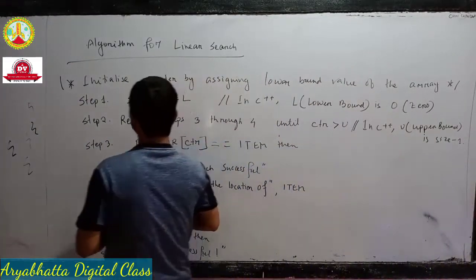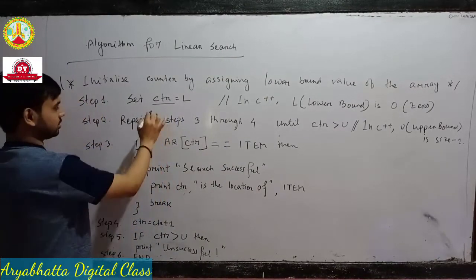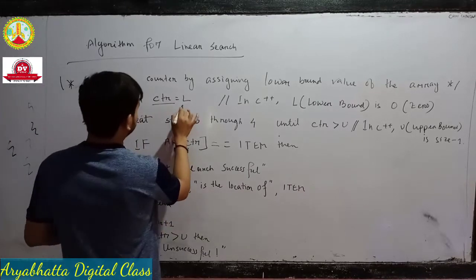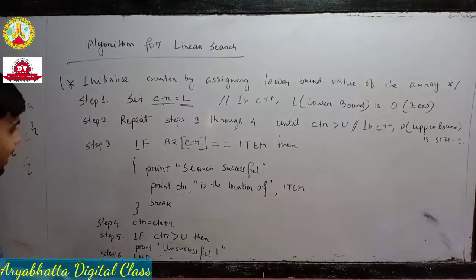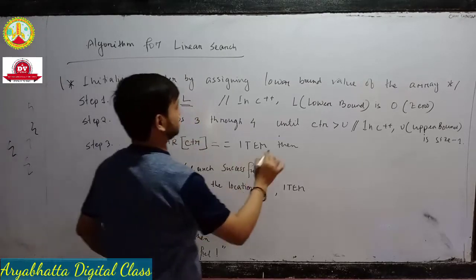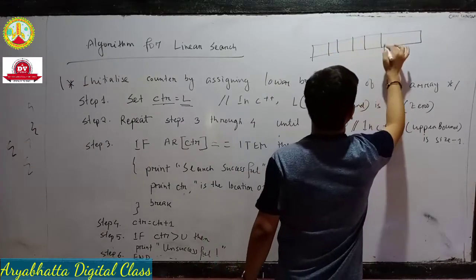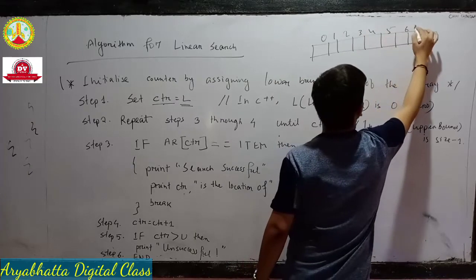We initialize this CTR, control. Don't underline, okay? I just underline for your understanding purpose. This CTR is what? Counter. We assign this lower bound. Suppose this is the array, okay? Starting from 0, 1, 2, 3, 4, 5, 6, 7.